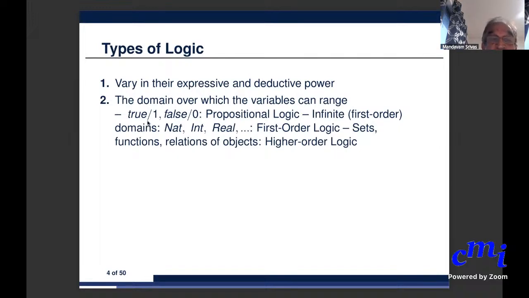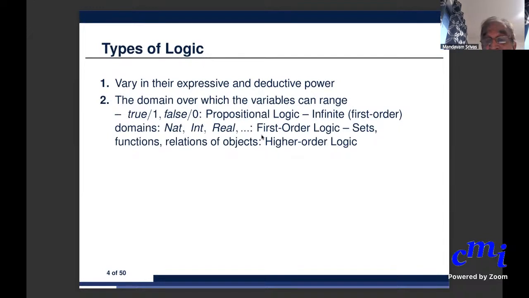So if the domain is restricted to true and false, then what you have is propositional logic. Or you can have logics that allow the domains to be first order domains. By first order domain, I mean domains like natural numbers, integers, reals, etc.